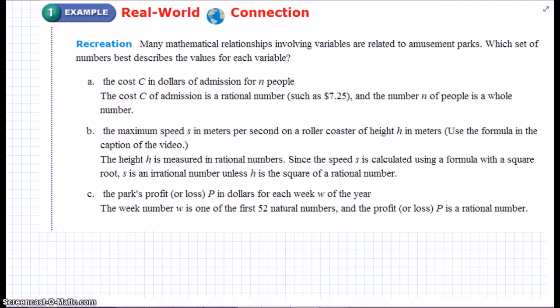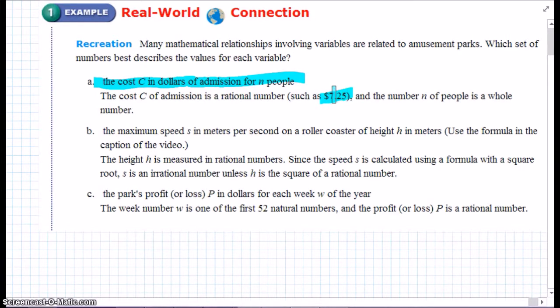Recreation. Many mathematical relationships involving variables are related to amusement parks. Which set of numbers best describes the value for each variable? In part A, the question is talking about the cost C in dollars and the admissions for N people. Well, the cost would be a rational number because it could be a fraction.